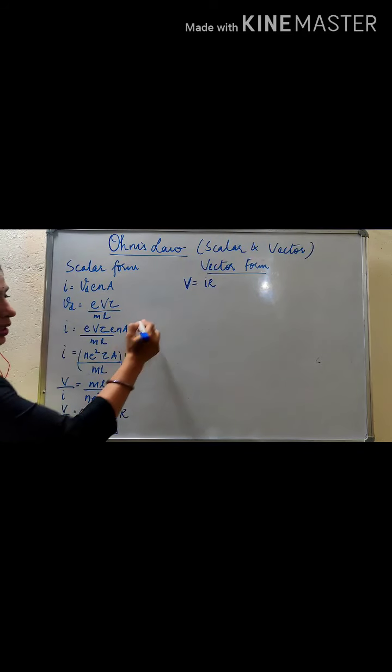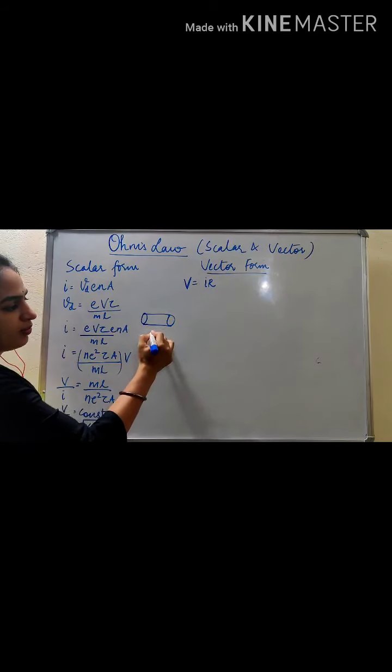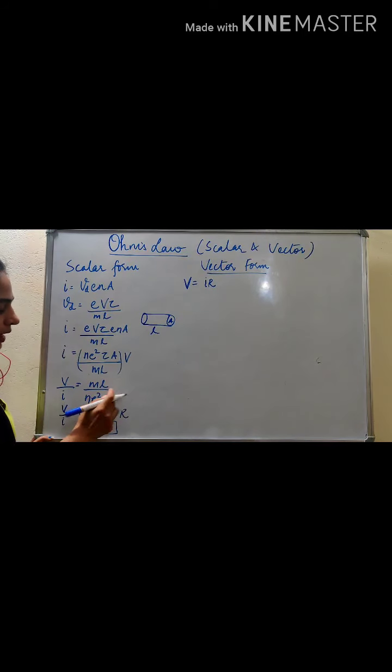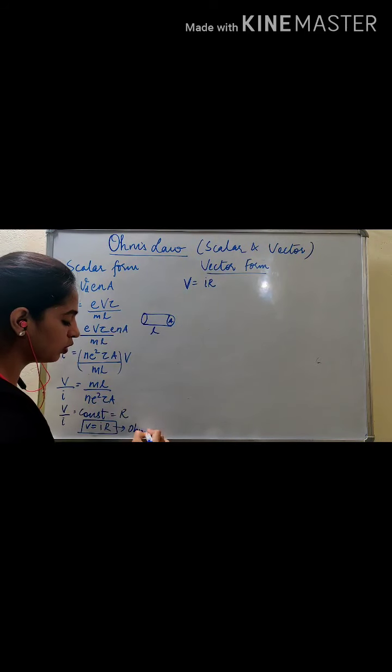If you consider a particular conductor having a fixed length and area, then at constant temperature and pressure, all these quantities remain the same. We've already discussed this previously. Replacing this whole term by a constant and naming it R, we can write V by I as constant, which is R. So we write V is equal to IR, which is the well-known form of Ohm's law.